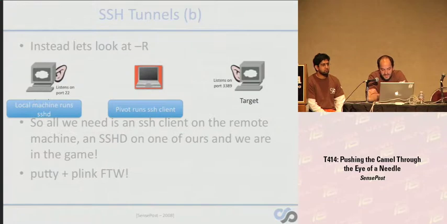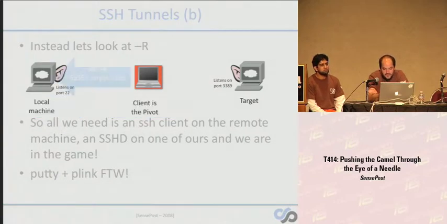So, as I said, the SSHD runs on the local machine. It listens on port 22. The SSH client runs on the pivot. And on the far side, we have the target, which is running, in this case, RDP. So, through our command execution vulnerability, which is assumed at this point, we run SSH from the pivot.